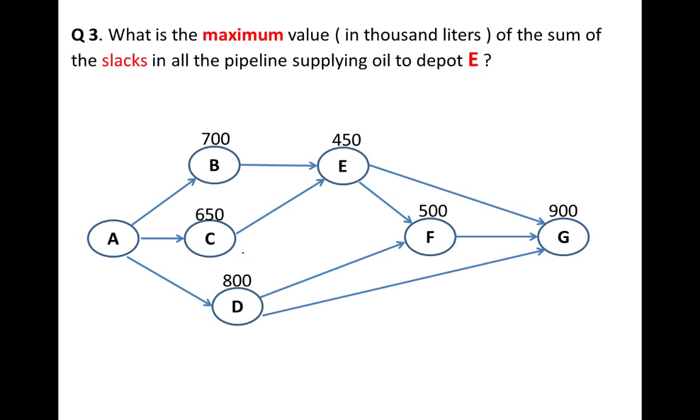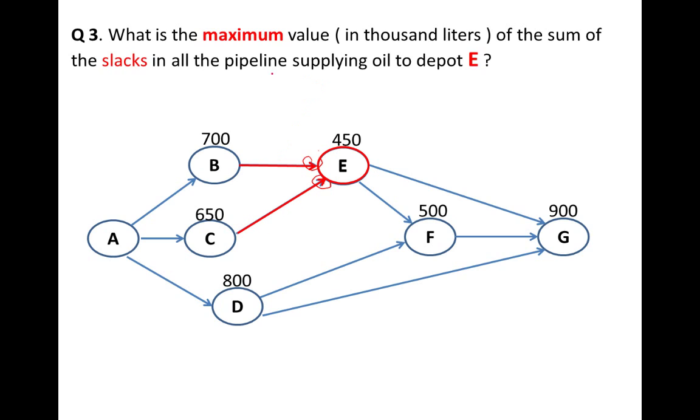Next question. What is the maximum value in 1000 of the sum of the slack in all the pipelines supplying oil to depot E? Depot E has two inward supplies, that is these two pipelines. Let's mark this.